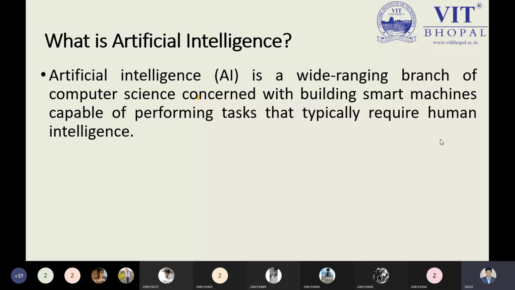So if our intelligence is implemented, okay, I can write some points here. So in AI, we have two terms. One is artificial, the other one is intelligence. Intelligence, I can write over here. Next one is artificial.